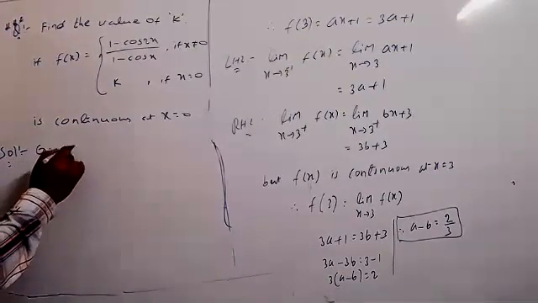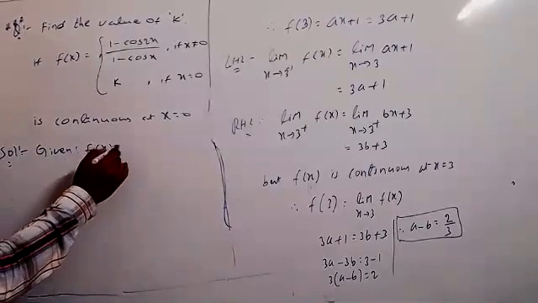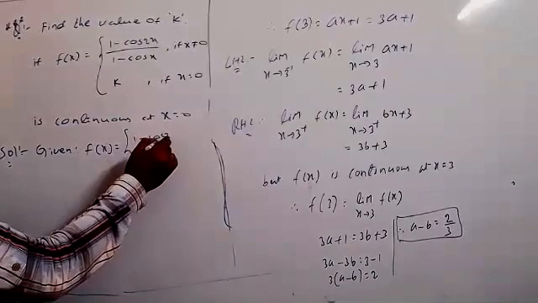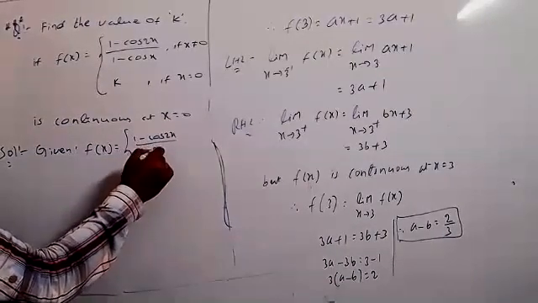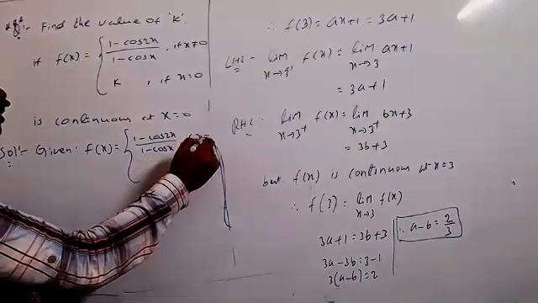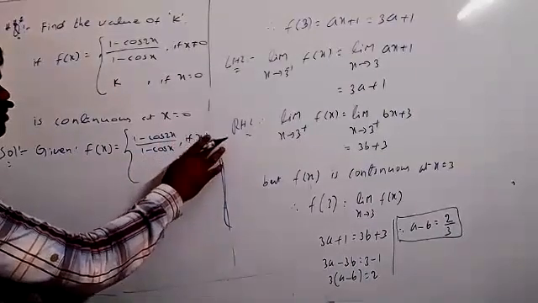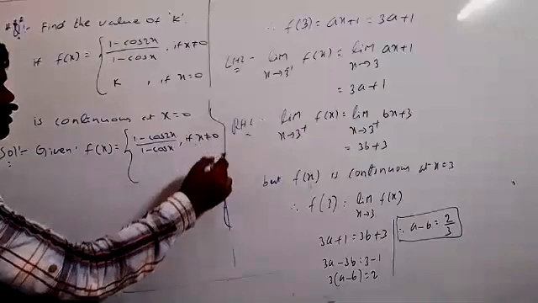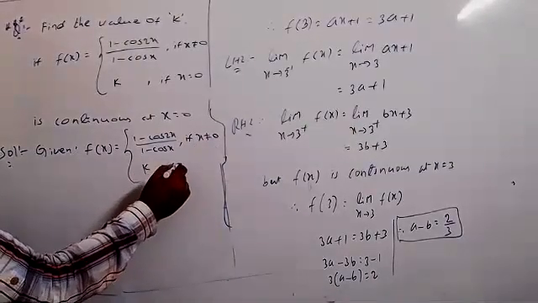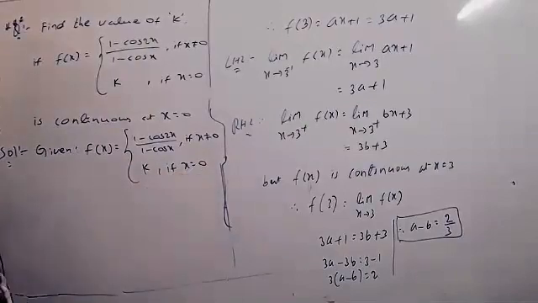Given f of x equals (1 minus cos 2x) by (1 minus cos x), if x not equal to 0, and k if x equal to 0. That is the problem.